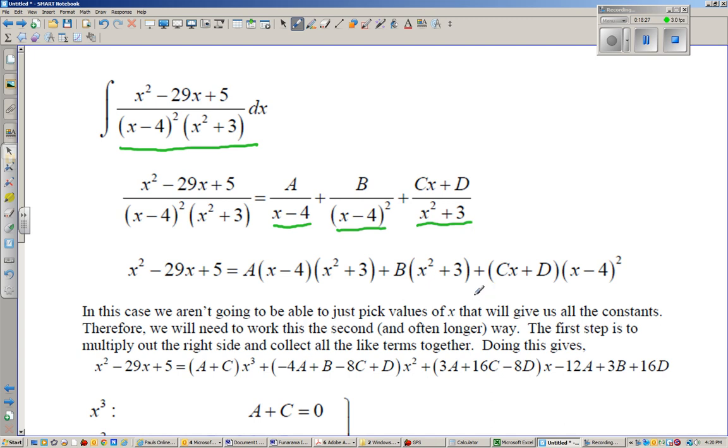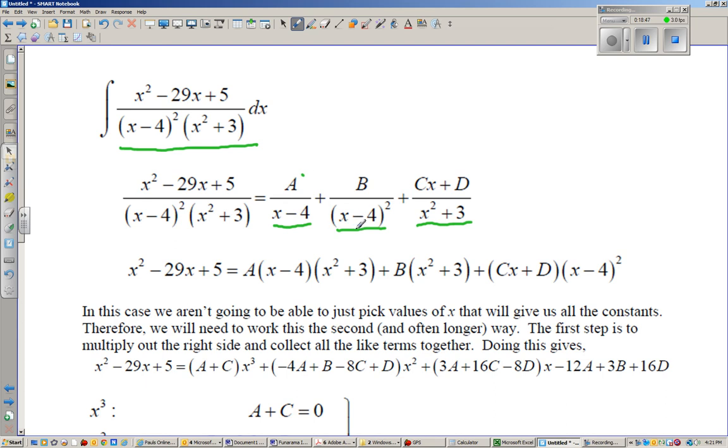Now, here is another place where it's a little different. The numerators are always degree 1 less than what I'd call the base of the denominator. And the base is linear, so this is going to be an ax to the 0, or just an a.